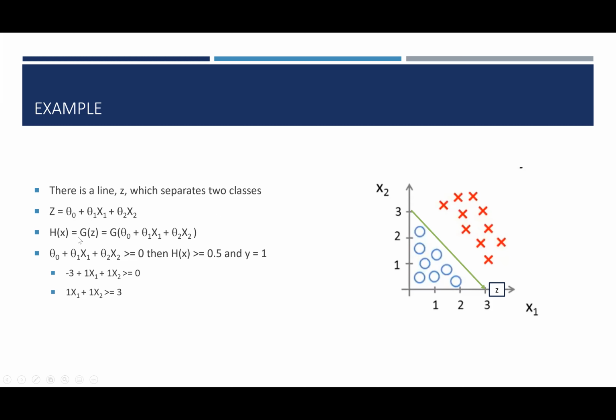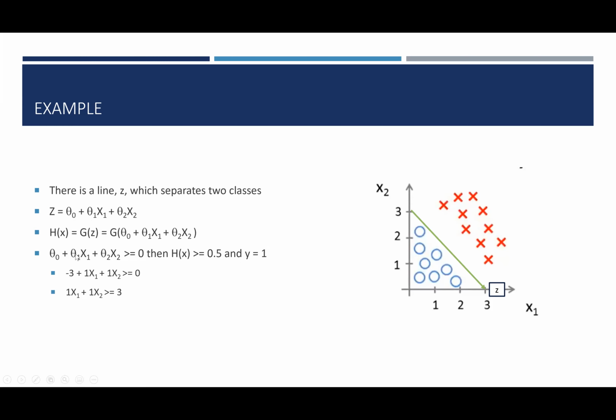And given that h of x is equal to g of z, you would plug this into the sigmoid function and find the probability of when h of x is greater than 0.5. Let me explain a little better than that.